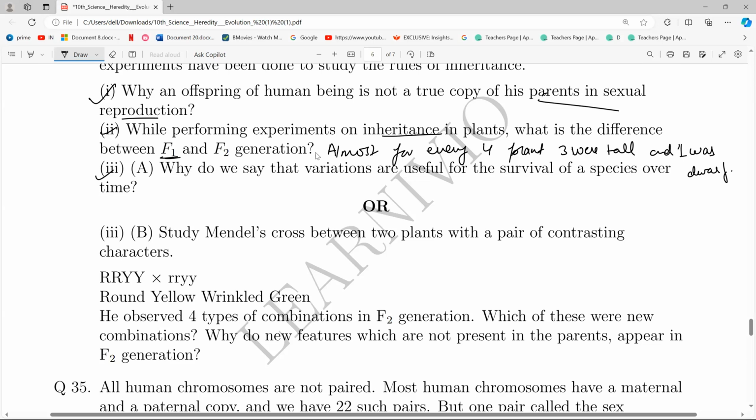Not every variation provides a survival advantage; only those suitable to the environment do. So how will you write this answer? Tell me.